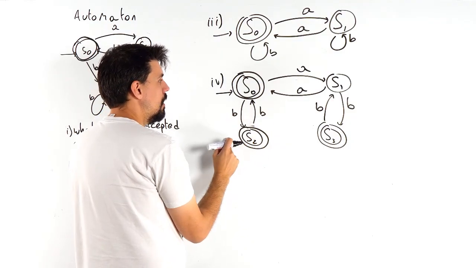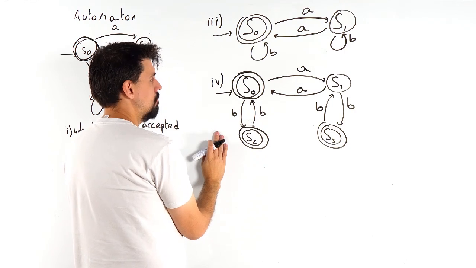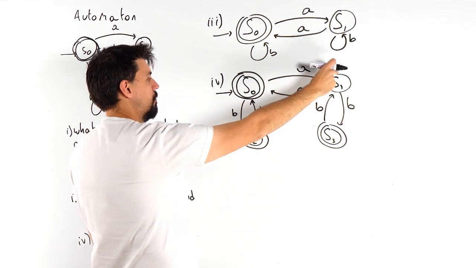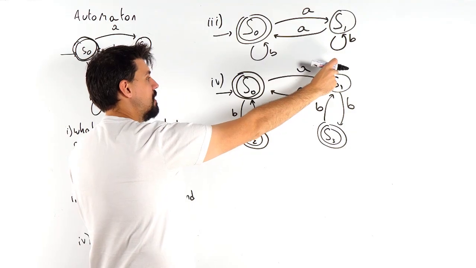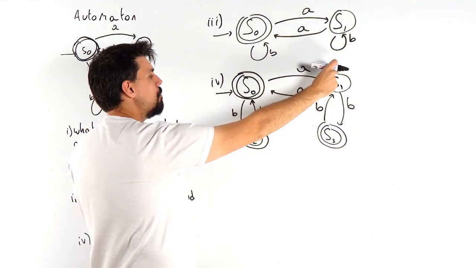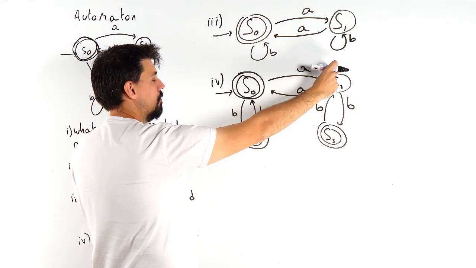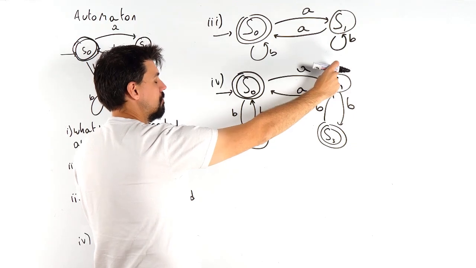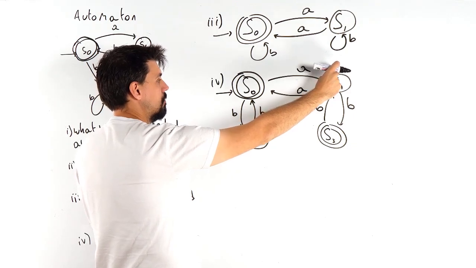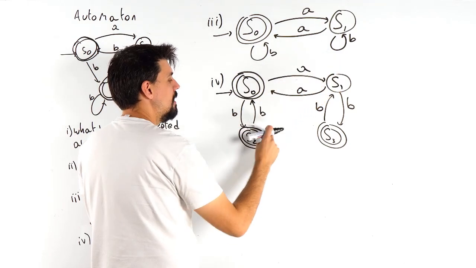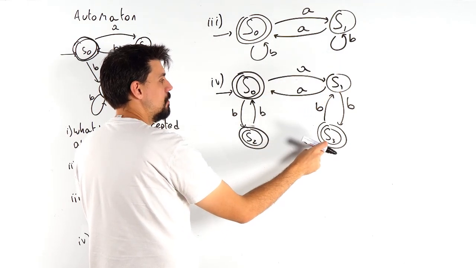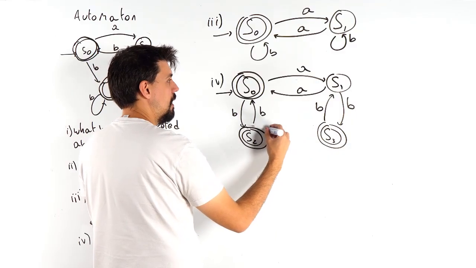Cool. What if I've got an odd number of A's? So an odd number of A's will take me to there. Now at that point, I need to have an odd number of B's. But I need to account for if I'm in this state and I do an A. So where do I go for a state here if I'm in A?